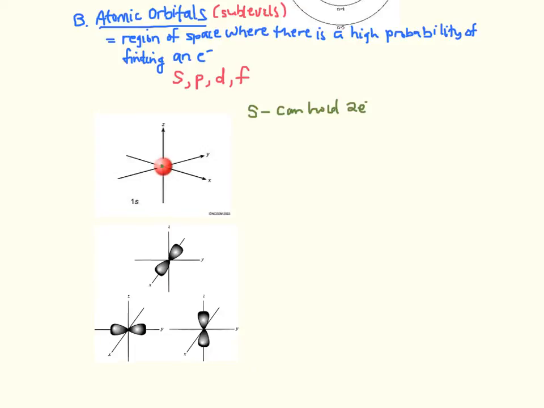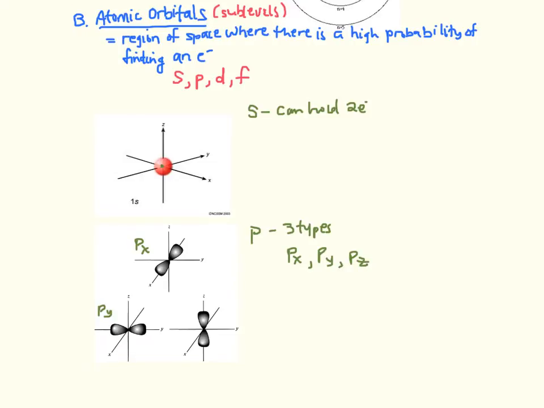These are p orbitals. P orbitals are dumbbell shaped, and there are 3 types. You have the ones that are called px. So this is px because it's on the x plane, right, if you're looking at 3 dimensions. And then you have the py. So this is py, and then pz.